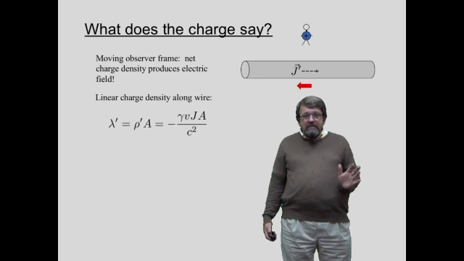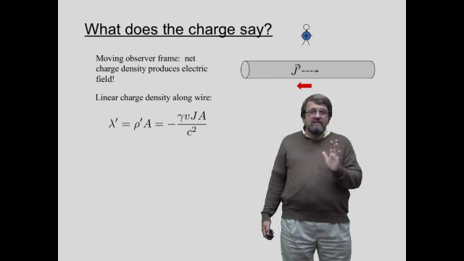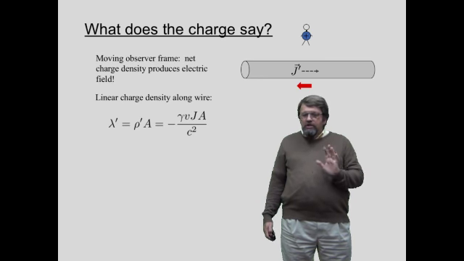So if lambda prime is the charge per unit length, which is the charge density rho prime times the cross-sectional area A, that's just going to be minus gamma V J times A over C squared. Now let's see what the electric field will be.